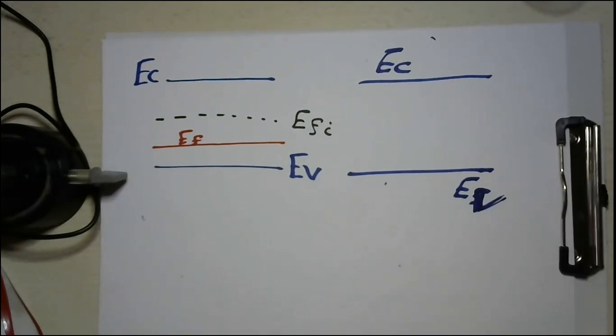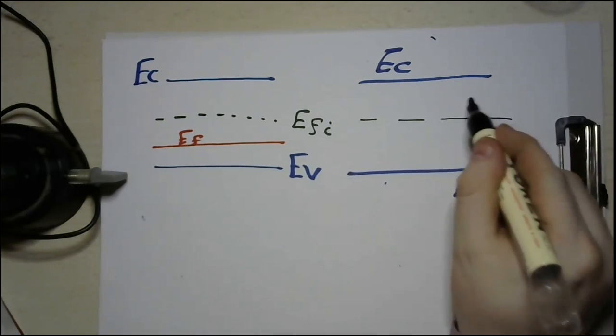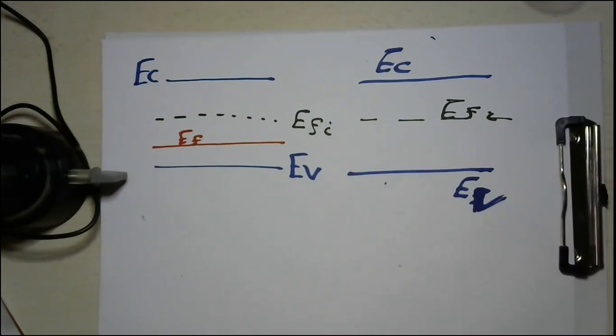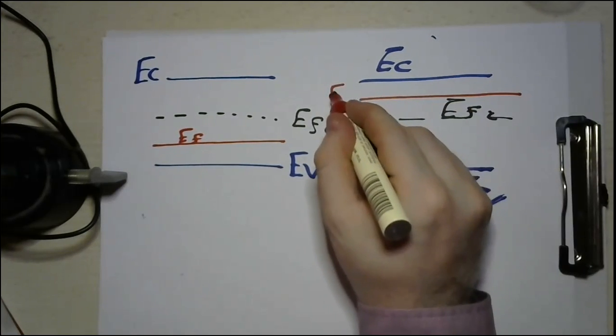And as we just mentioned, we have a Fermi level which is located in the middle. So we have here EFi, and now this material is an n-type material. So you should expect a Fermi level more toward the conduction band, as you can see.